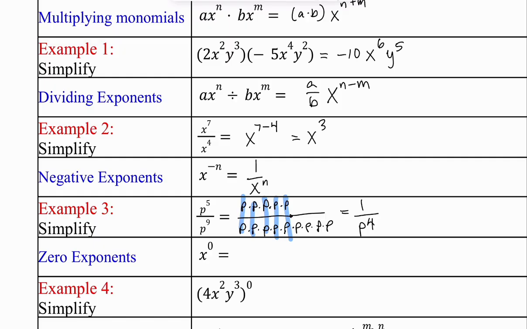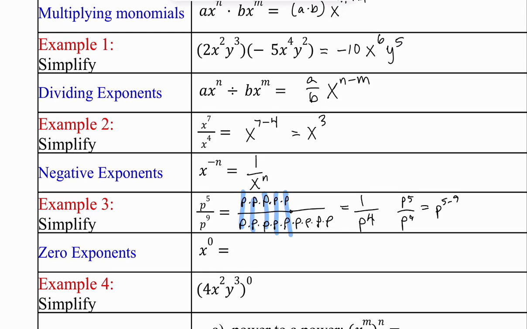Now, what's another way to think about it? So let's do it one more time. Another way to think about it is if we use the subtraction rule we saw right here and here, okay? It means that we can take the top power minus the bottom power.